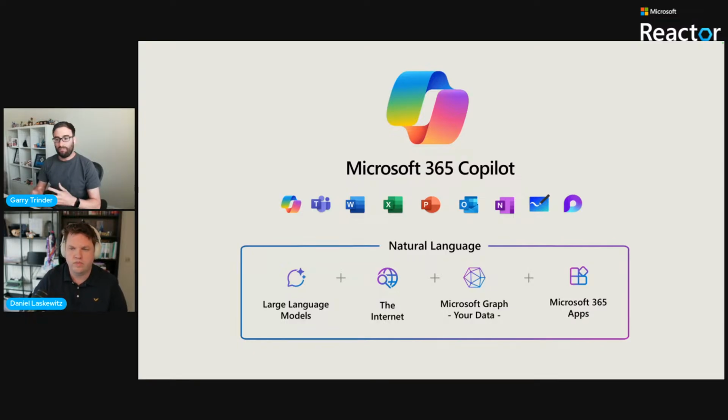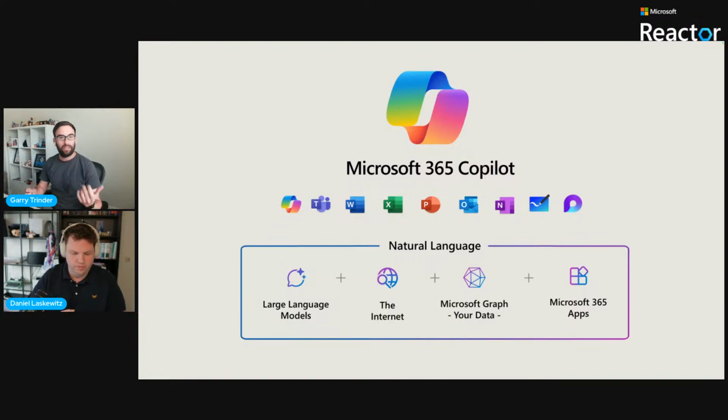The way that it works is it uses large language models behind the scenes to provide that intelligence. It can connect to the internet, so it can do web searches as well. But most importantly, it can connect to your data through Microsoft Graph. This is what makes Microsoft 365 Copilot stand apart, that it's connected directly to your data.